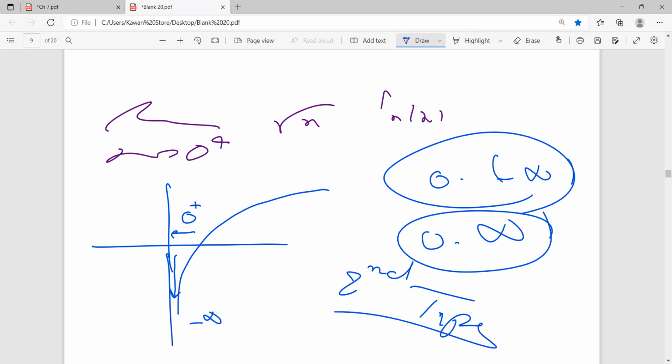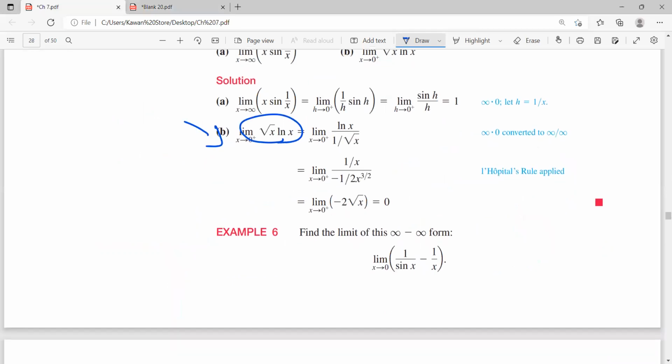So how do we deal with that? We are going to change it to 0 over 0, or infinity over infinity. How? You can see from here. Now, if I put 0, I will get infinity. If I put 1 over 0, I will get infinity. How do we change it? Can you tell me?